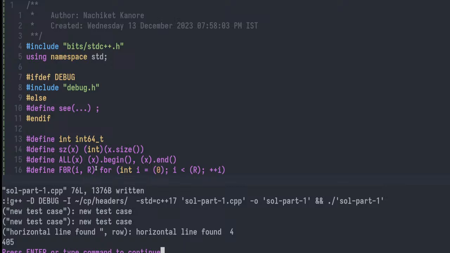Yeah, I'm right. So there is no horizontal line in the first case, which is this grid.